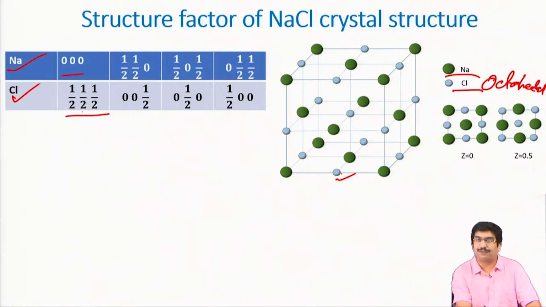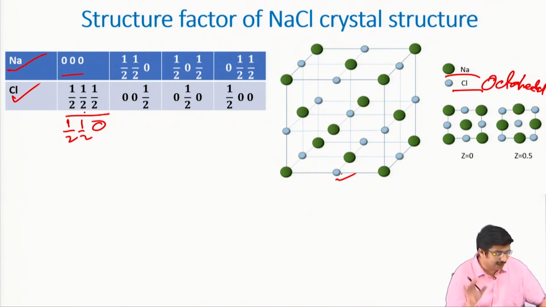If you add the face centering translation, half half 0, to 0 0 half, this will become 1 1 1, and you take that as an origin shift, and you will get this again. That is why I say chlorine and sodium positions are very much interchangeable.